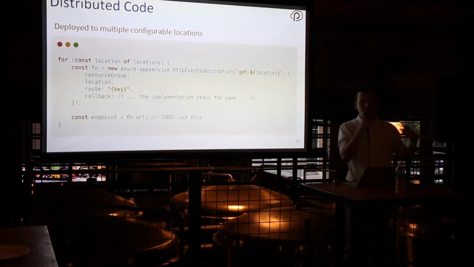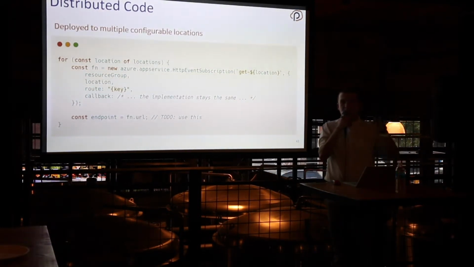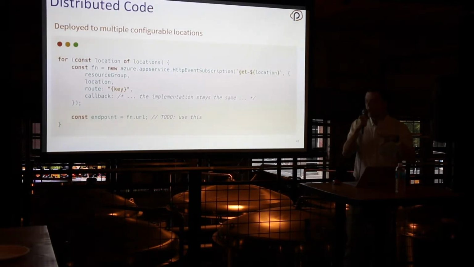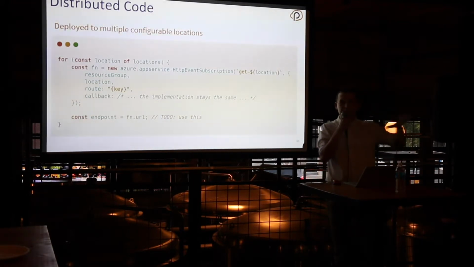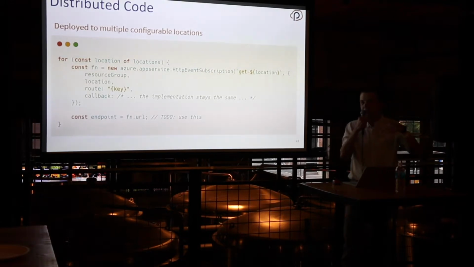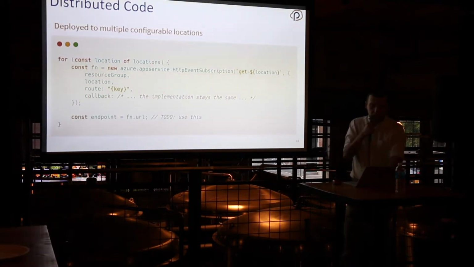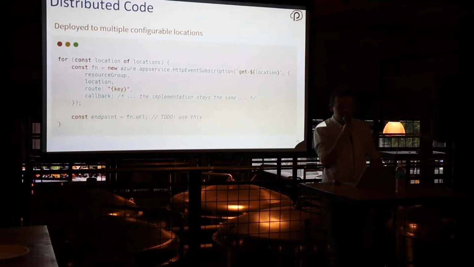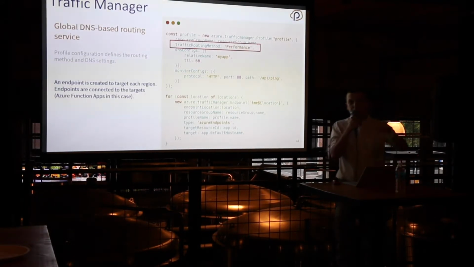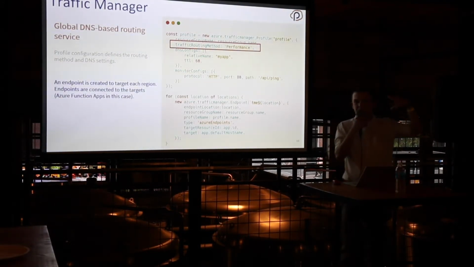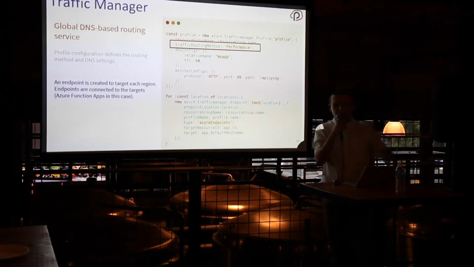I just have a loop. I loop through locations, and for every location I create one event subscription. And subscription is going to be exactly the same, except that it's in a different location, and then it connects to a different region for the Cosmos DB. And in the end, I get an endpoint, and I need to use this endpoint to configure the traffic manager. The traffic manager, I define a profile, which is like global thing, which has DNS name and routing method.